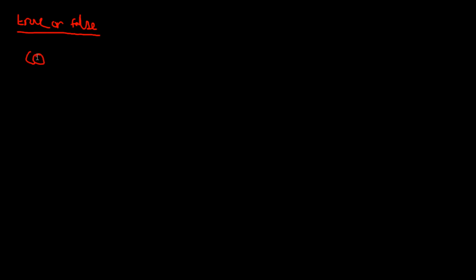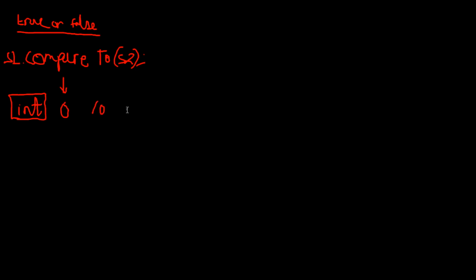So again, compare to, just like equals, you put in two strings. So it'll be, for example, s1 dot compare to in brackets s2. So this will return an integer value. This is really important. It could come in section A as well. It returns an integer value. So an example is, it could return a 0, it could return 10, it could return even -5, it could return any integer, negative, positive or 0.